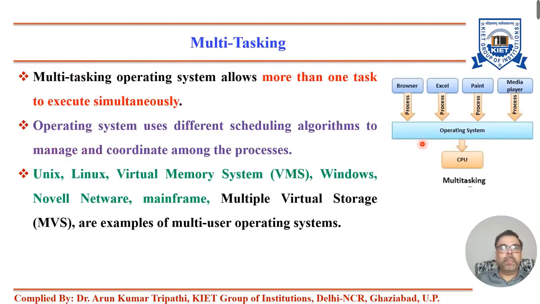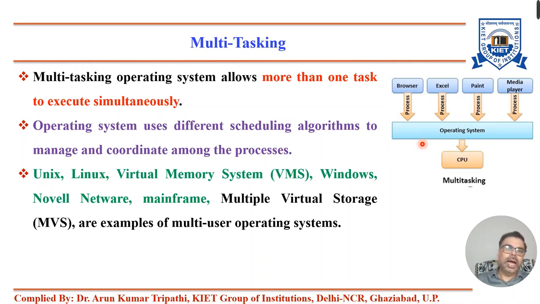Now, multitasking. Multitasking means more than one task can be performed by the processor. Those tasks may be given by a single user or by different users.